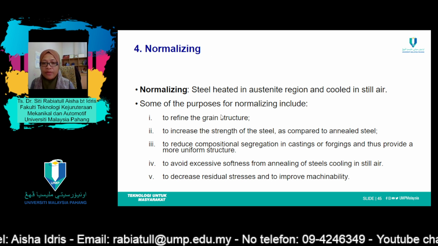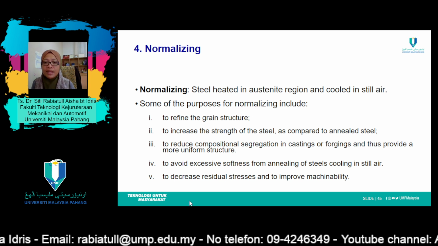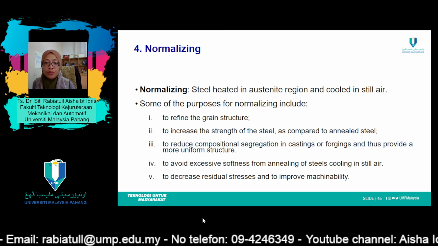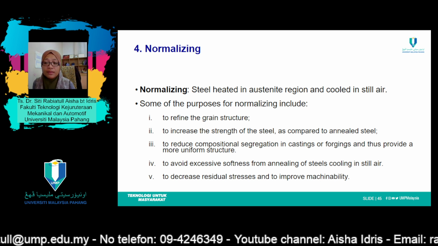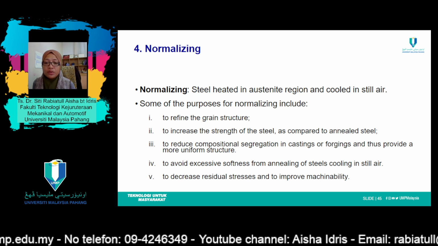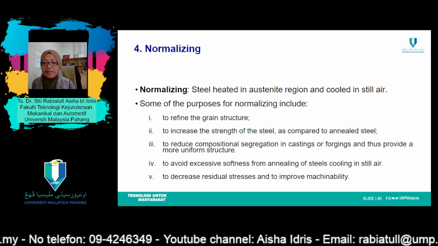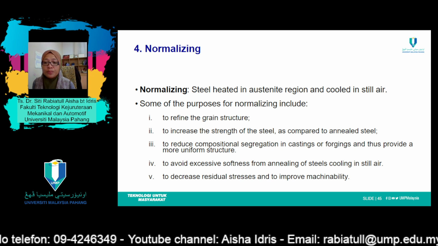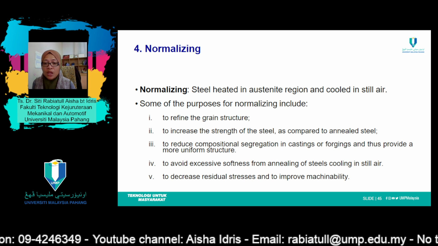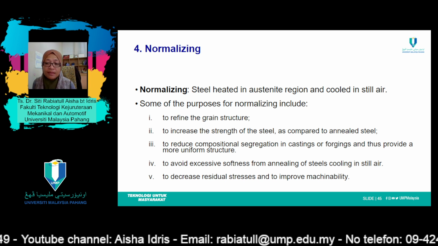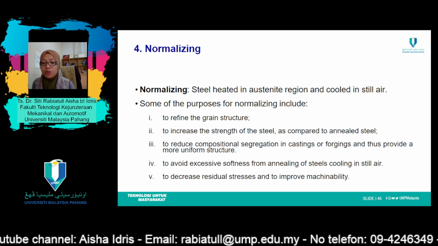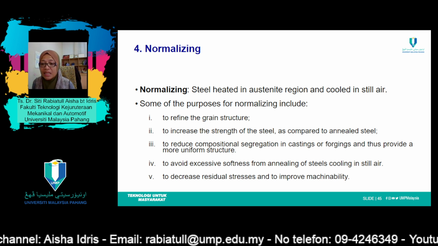Some of the purposes of normalizing include to refine the grain structure, to increase the strength of the steel compared to annealed steel, to reduce compositional segregation in castings or forgings and thus provide a more uniform structure, to avoid excessive softness from annealing of steels by cooling in still air, and to decrease residual stresses and improve machinability.